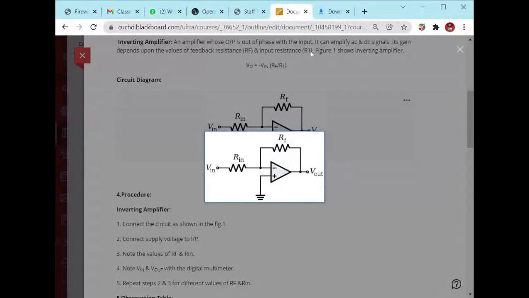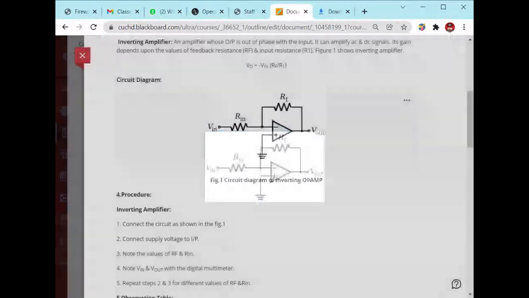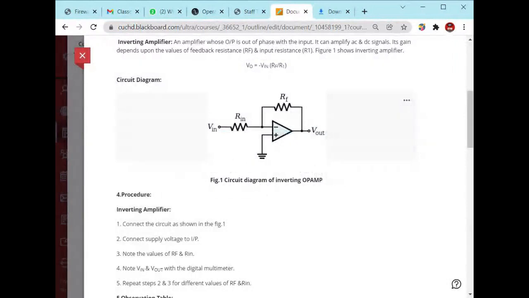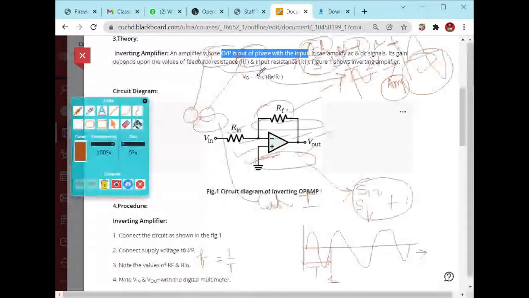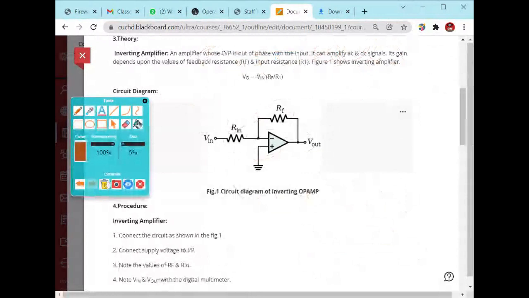As you have seen in the statement, its output is out of phase with the input. That means if you apply 1 at the input, you will get output 0. Is it clear to everyone? Are you able to understand?